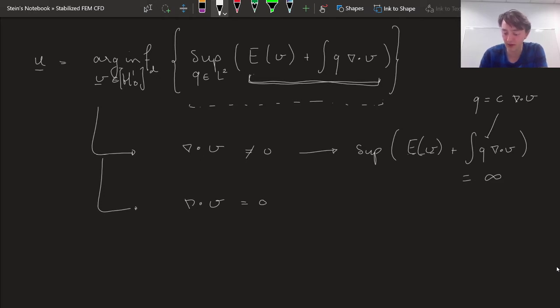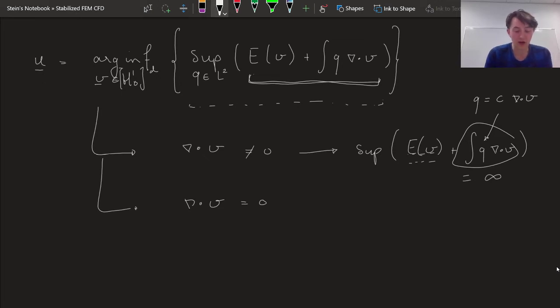I'll substitute that in there, and then I'm going to choose c to be infinite. I can always make it larger and larger. The result is that if the divergence of v is not equal to 0, then this integral is going to give me an infinite value, irrespective of what E of v is. For a fixed v, that's fixed, but this addition is going to be an infinite addition, meaning that the supremum is going to be infinite.